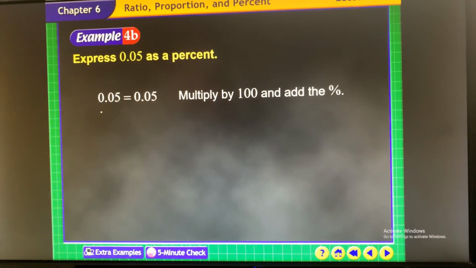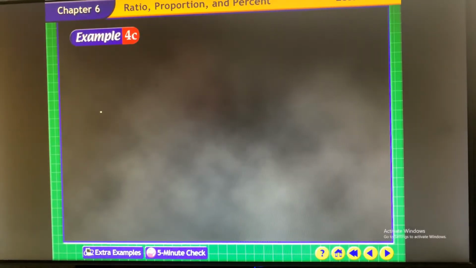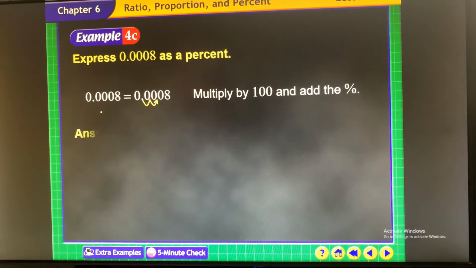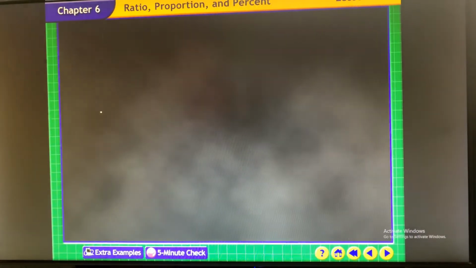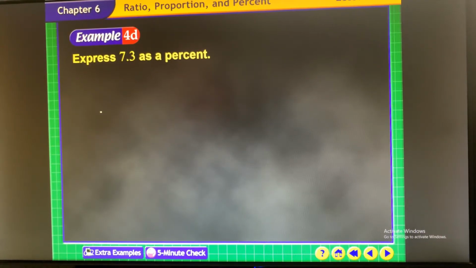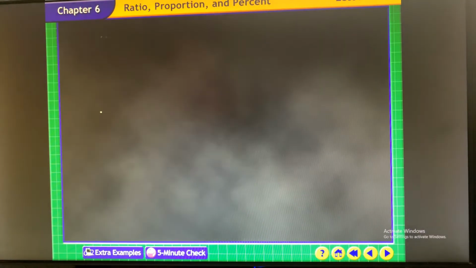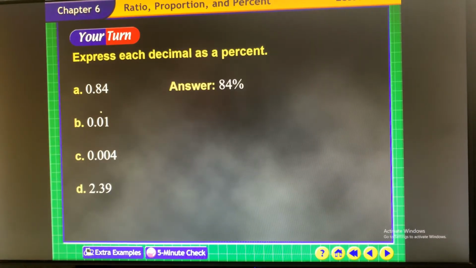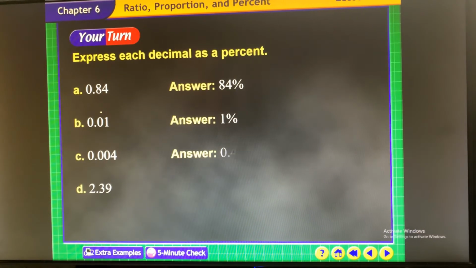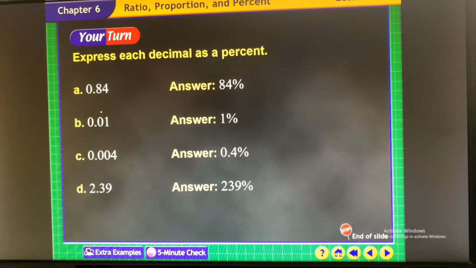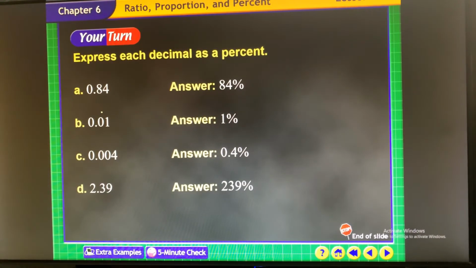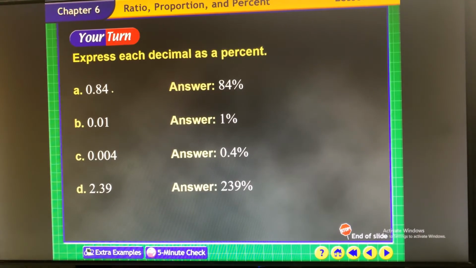Move it 2 places, 5%. 2 places, 8/100ths of a percent. 730%. 84%, 1%, 0.4%, 239%.